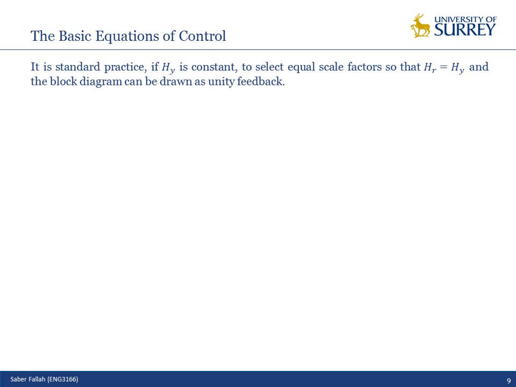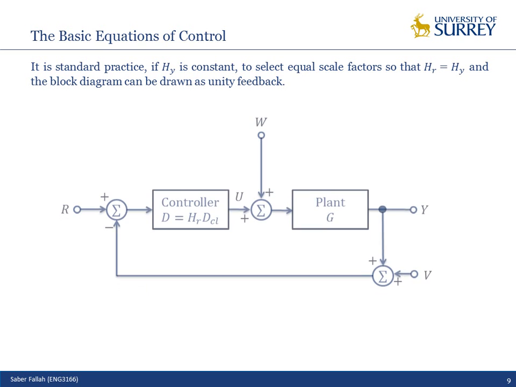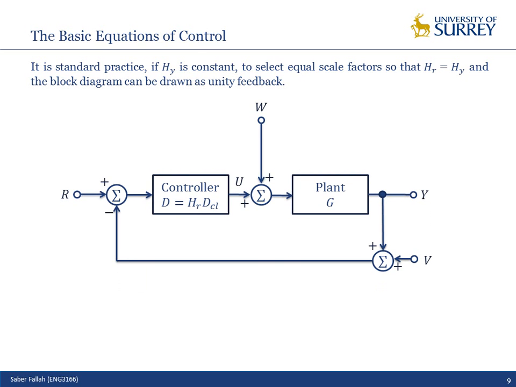If I select HR equal to HY, this ratio HR over HY will be equal to 1. Then I will have a unit feedback, or unit gain, in my feedback path. The reason we choose HR equal to HY is to make the system unit feedback.